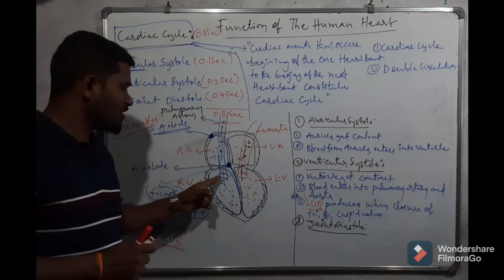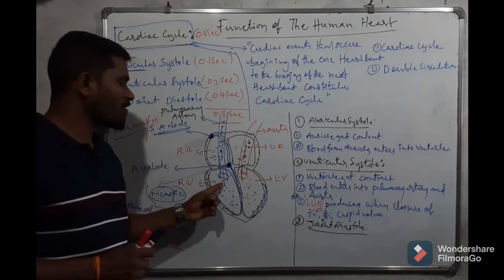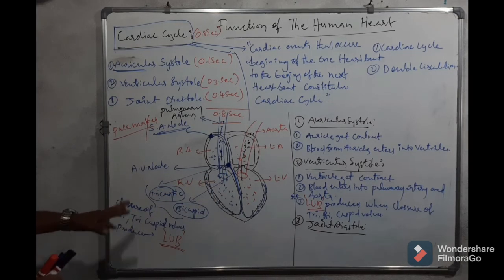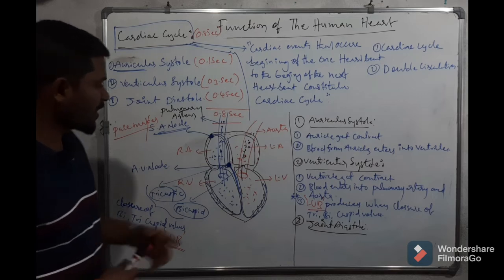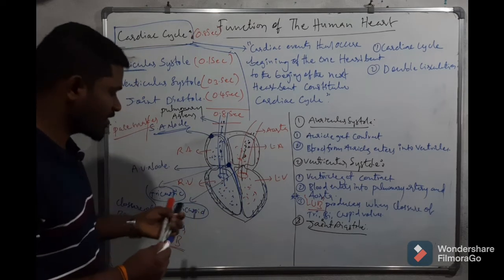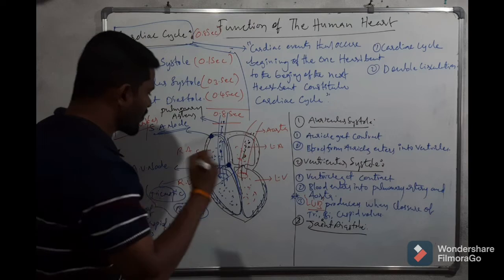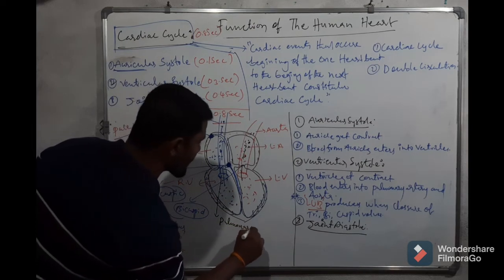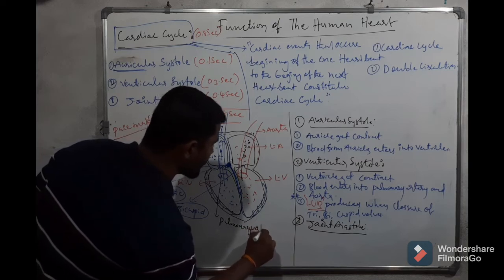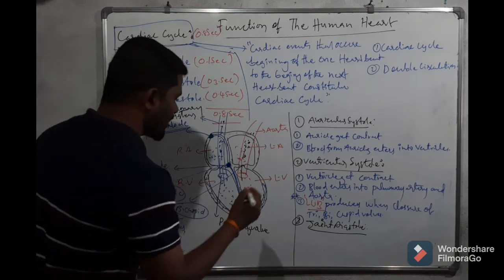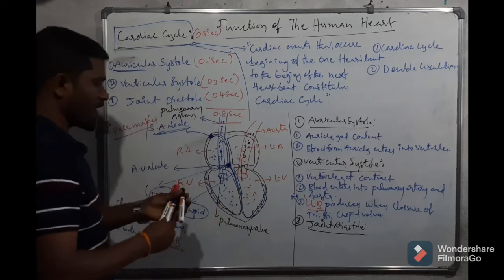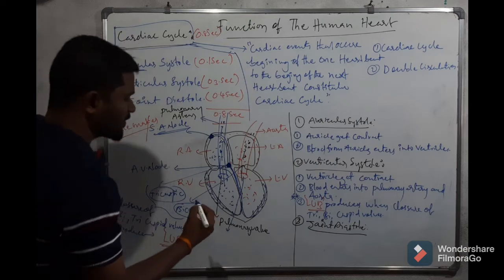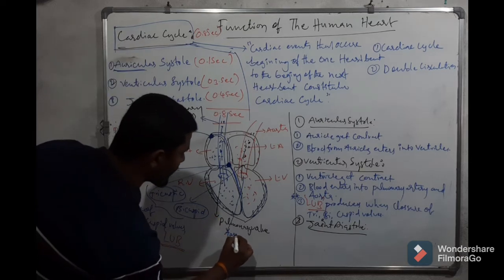There is a valve at the opening of the pulmonary artery, called the pulmonary valve. There is also a valve at the opening of the aorta, which I already told you about in the previous video, the aortic valve.